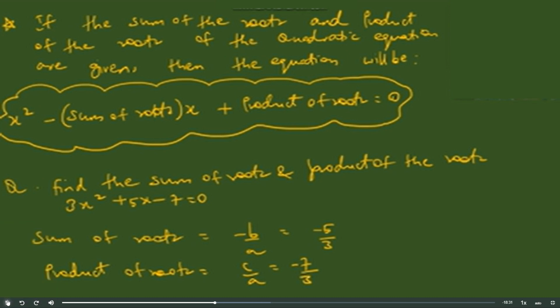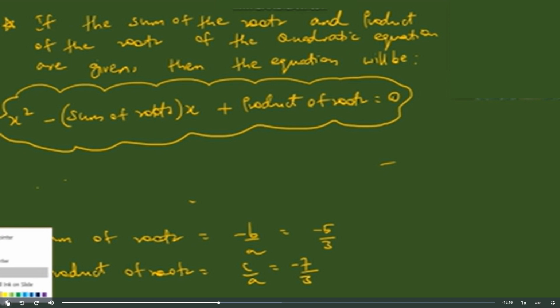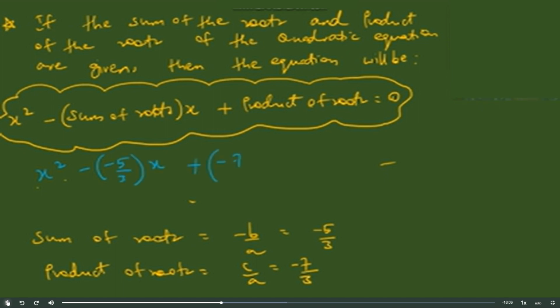Now from this, in the reverse direction, let me try to work out the equation. Suppose I'm given that the sum of the roots is minus 5 by 3 and the product of the roots is minus 7 by 3. How do I form the quadratic equation? I will form the equation as per the above. X square minus of minus 5 by 3 x plus product minus 7 by 3 is equal to 0.